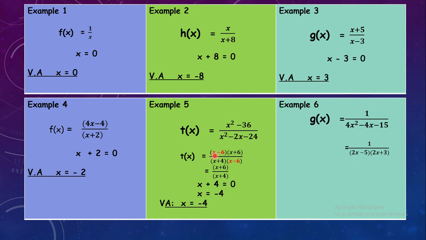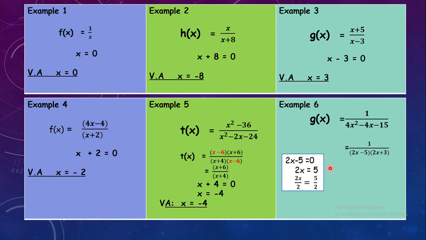Kasi yung x minus 6 and x minus 6, since magkamukha sila, cancel out lang yan. Mawawala sila. Ang matitira na lang is x plus 6 and x plus 4. Since nakasimplified na, guys, kunin mo na yung denominator mo, x plus 4 equals to 0. And transpose mo siya, negative 4. So, our vertical asymptote is negative 4.